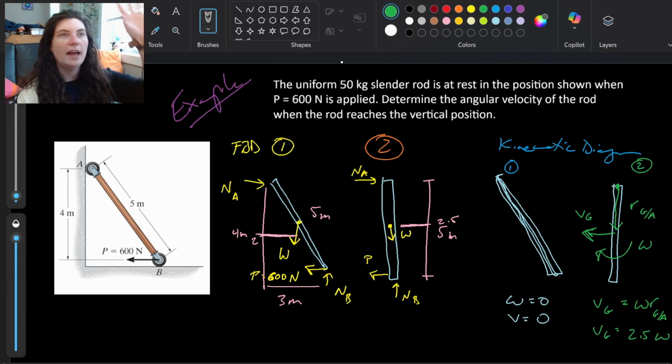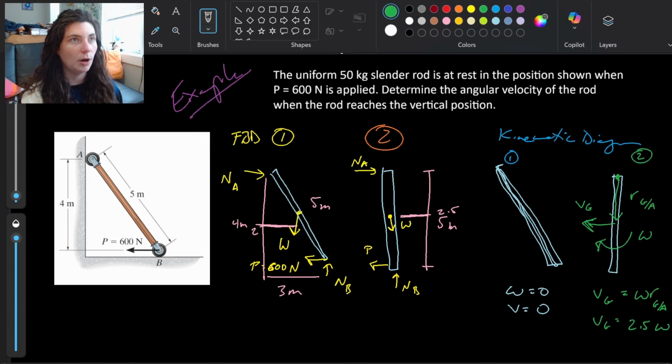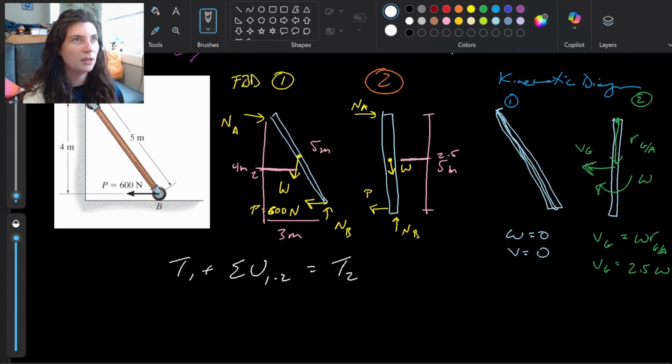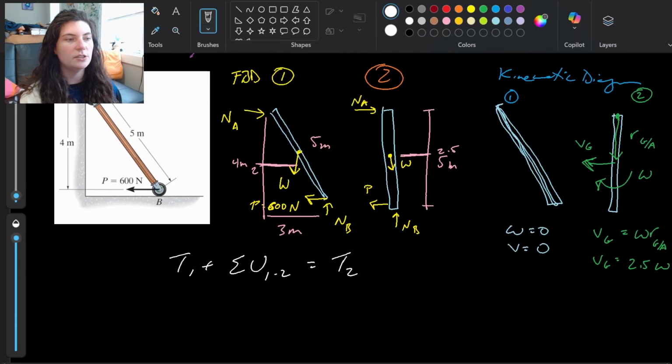All right, so with all of that in mind, since we're finding an angular velocity and we're given a force, we're going to use our principle of work and energy. That work and energy equation: T1 plus the sum of all the work done equals T2. Let's start with T1.